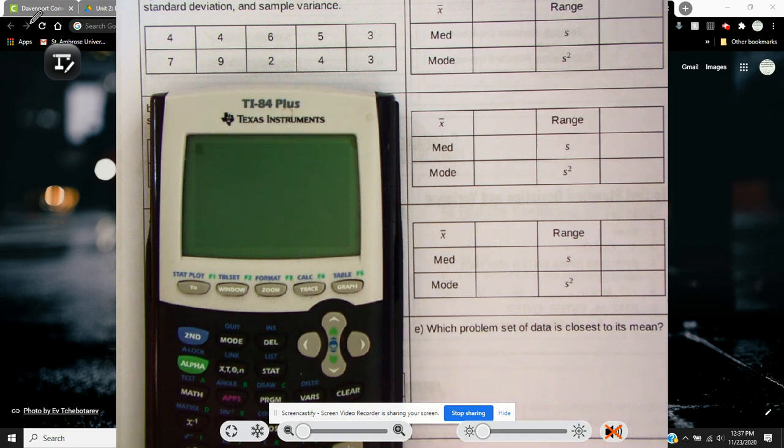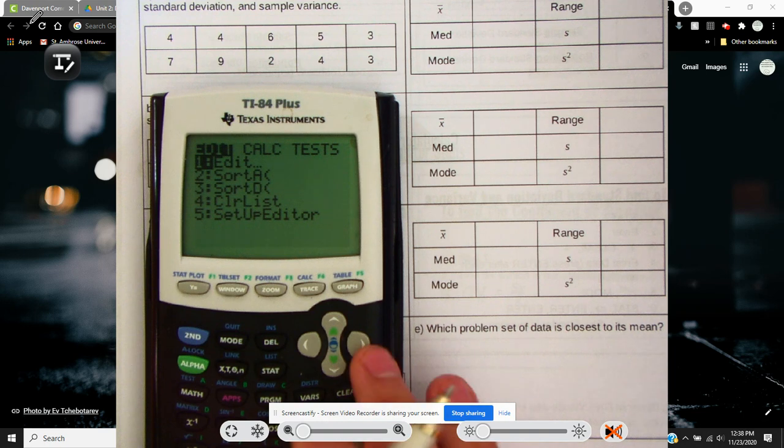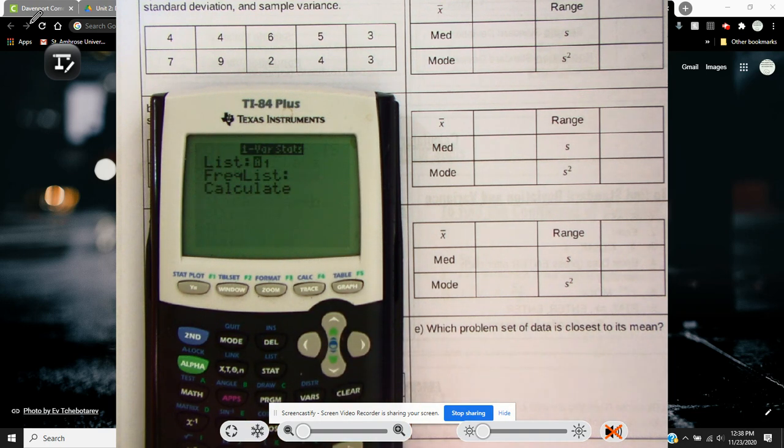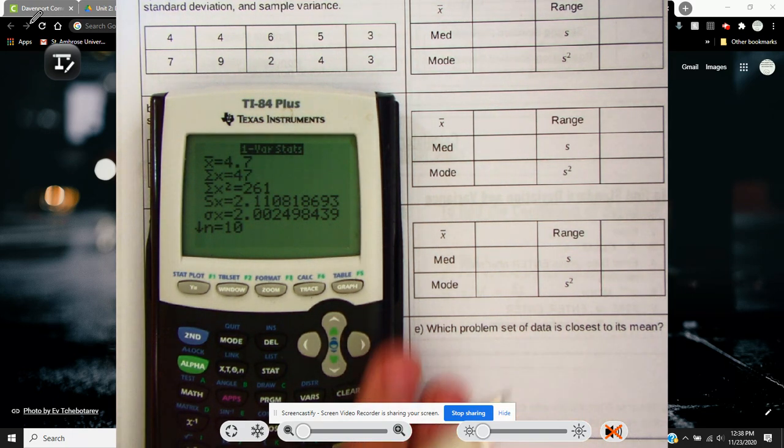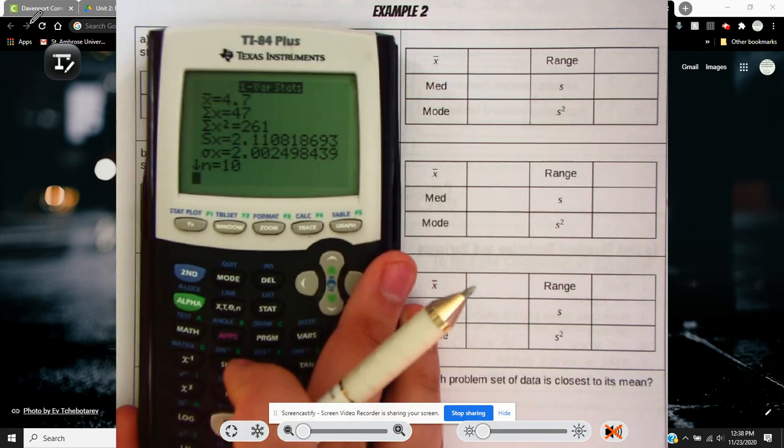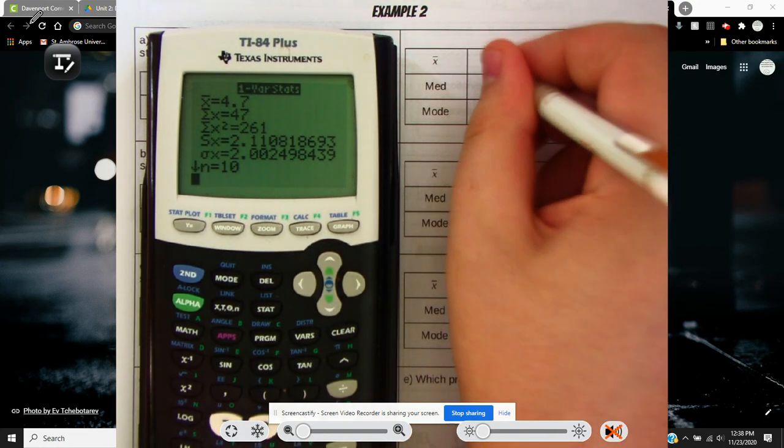Once again, we're going to hit Stat, hit Enter, move up, clear, move down, and then type in these numbers. So 4, 4, 6, 5, 3, 7, 9, 2, 4, 3. Second Mode to clear out. Stat, move over, Enter, and then Calculate. Remember, X bar means mean. So our X bar is 4.7.